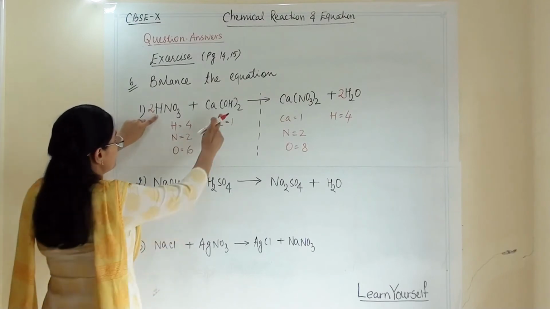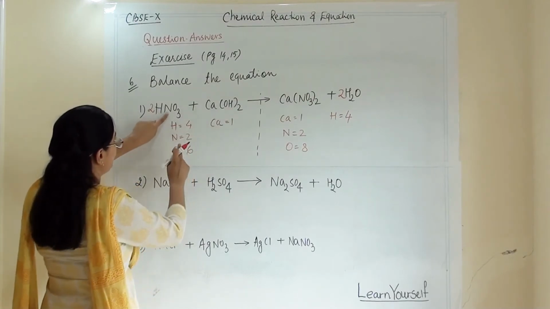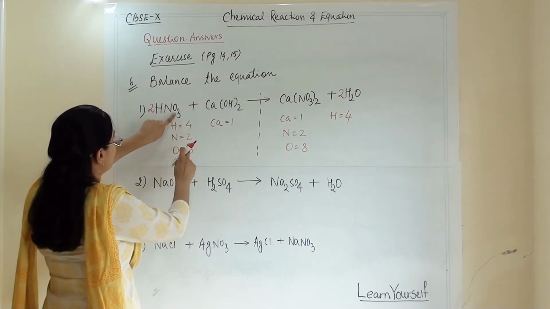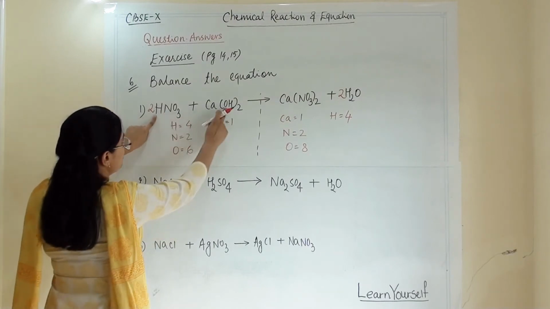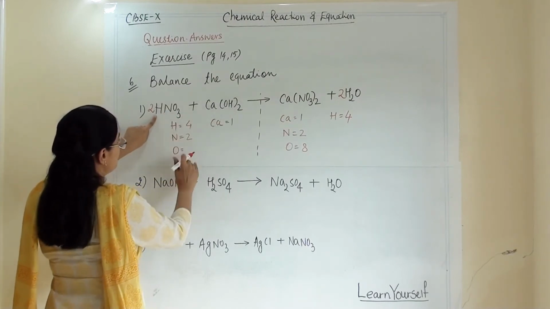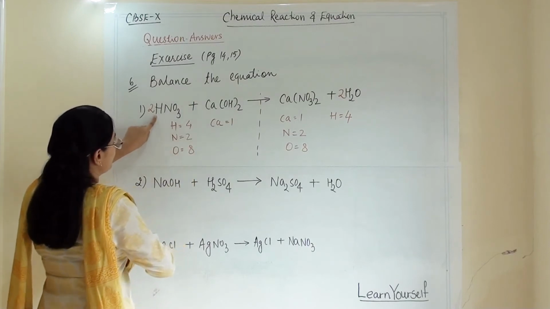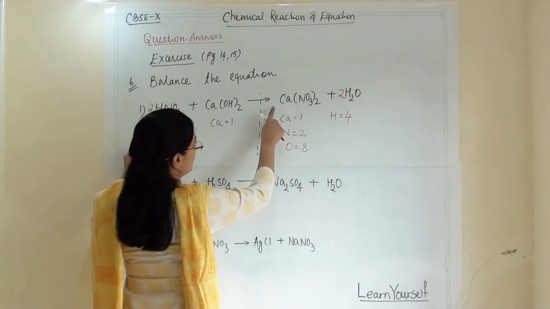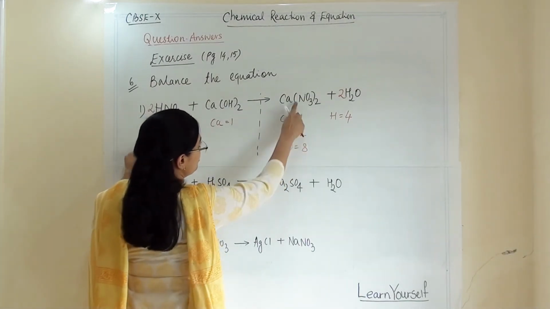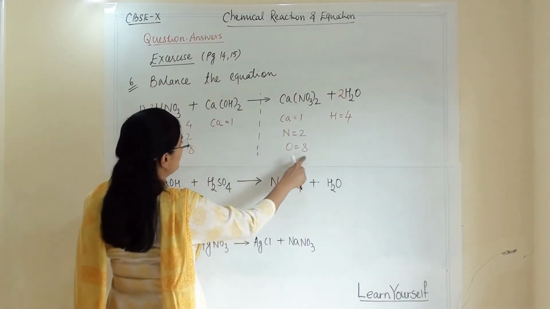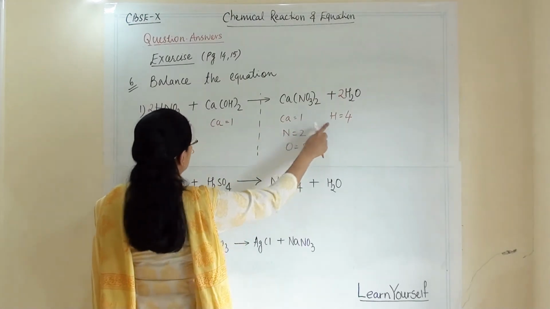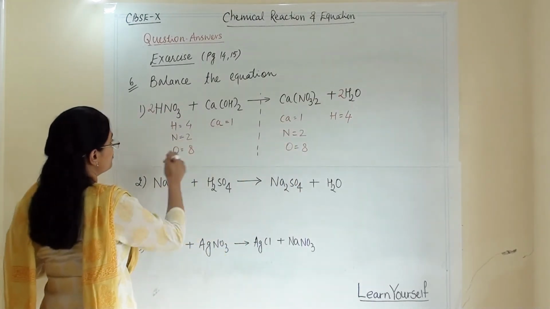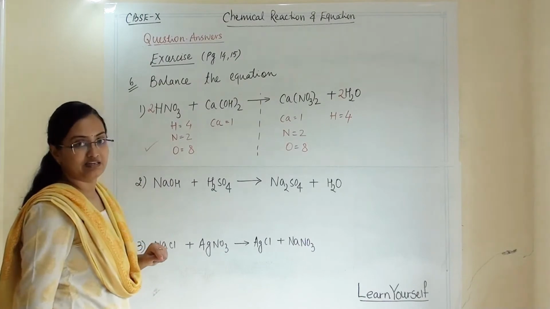Hydrogen 4. Nitrogen 2. Then oxygen, 6 plus 2, 8. Then calcium, 1 calcium. Now here 1 calcium, nitrogen are 2, oxygen are 8 and hydrogen are 4. So our equation is balanced.